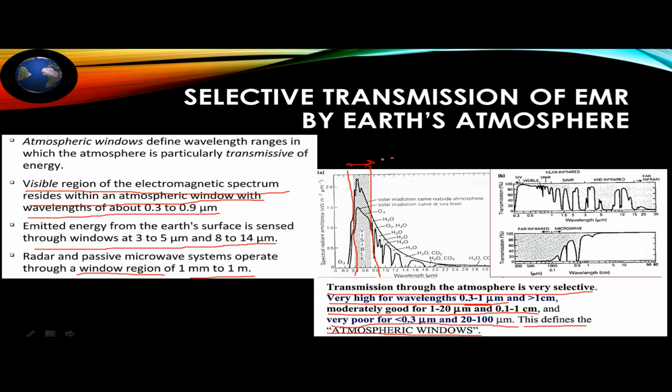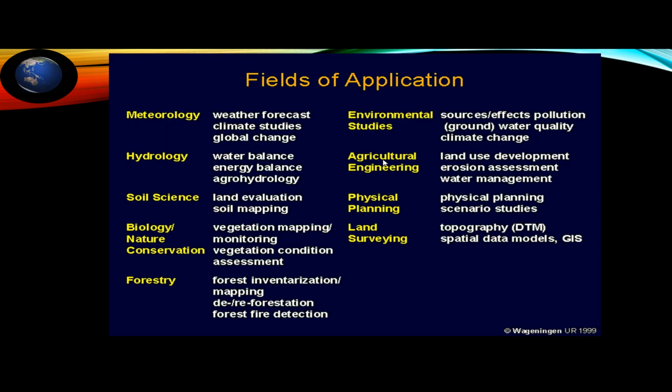So what are the fields of application of remote sensing? I have talked about what remote sensing is, the principle behind it, the energy, the spectrum, the wavelength, the different energy spectra of electromagnetic radiation, and how electromagnetic radiation interacts with earth surface features.